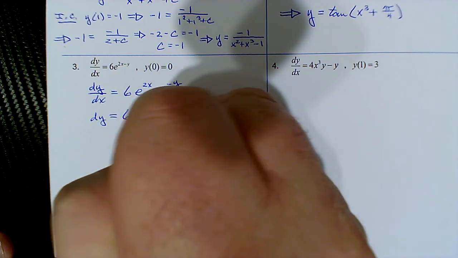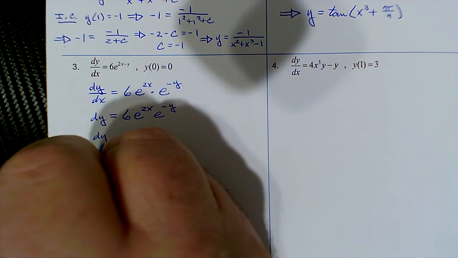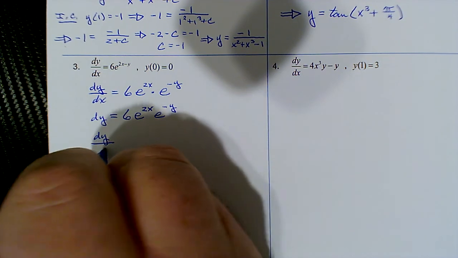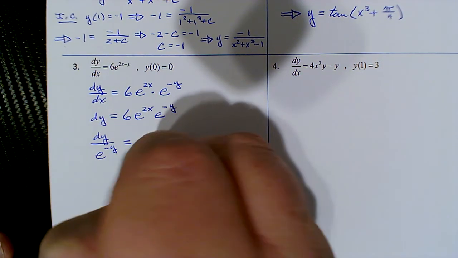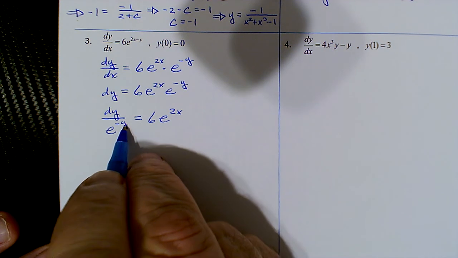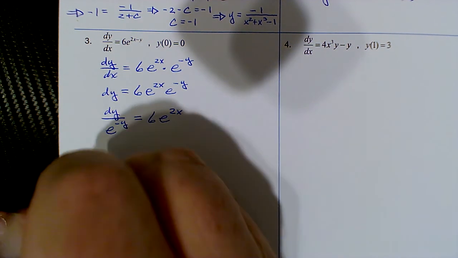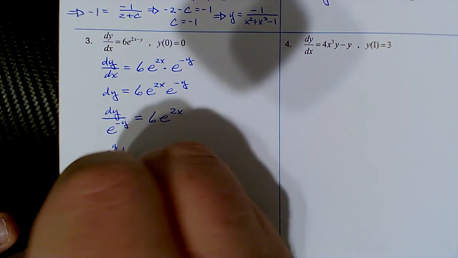So integrating e to the 2x, we get 1/2 e to the 2x. We'll add our constant of integration. So therefore e to the y is 3 e to the 2x plus the constant.